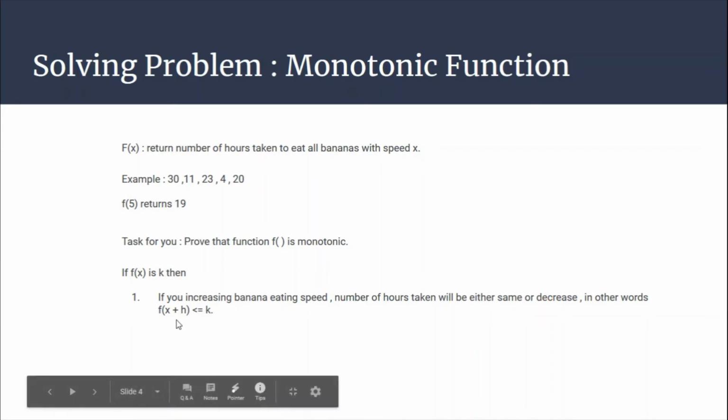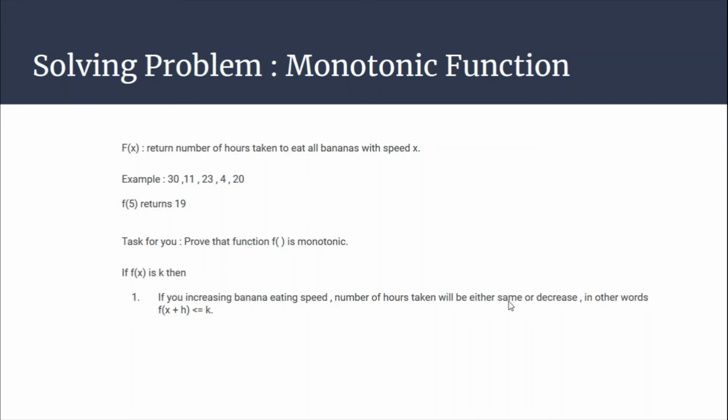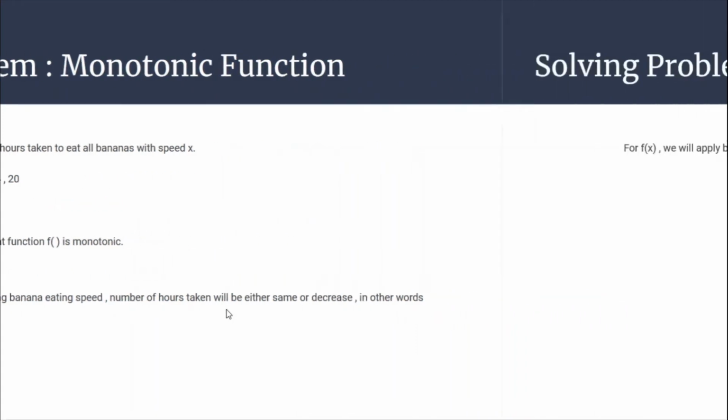In other words, f of x plus h, where h is a non-negative integer, is less than or equal to k. Since we are increasing speed, the hours are decreasing, so this is a non-decreasing function in the sense that it can stay the same or decrease. The function is monotonic.